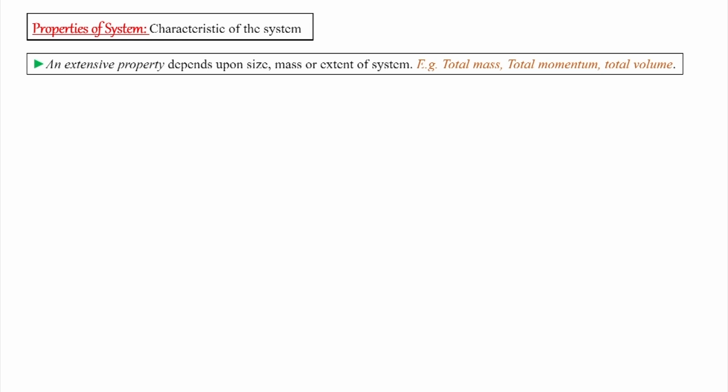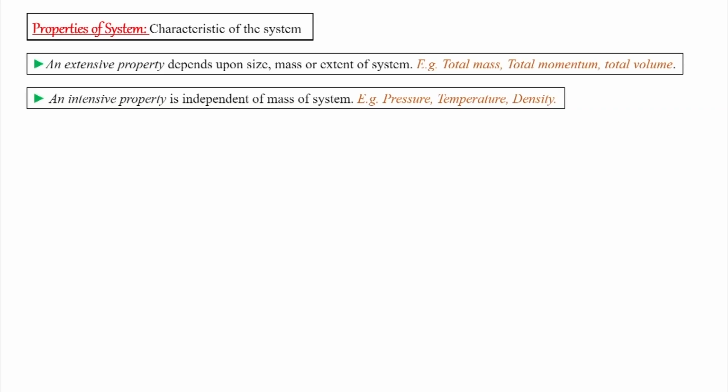So we have some properties which help us to describe the state of the system, but they need the extent of the system, or the size of the system. But there are certain properties which are independent of the mass and size of the system. Such properties are called intensive properties.